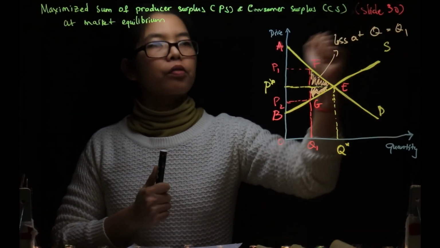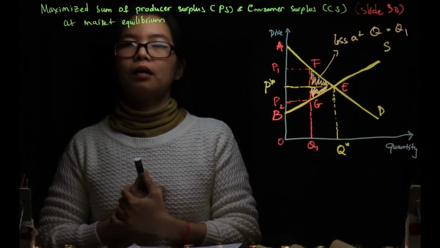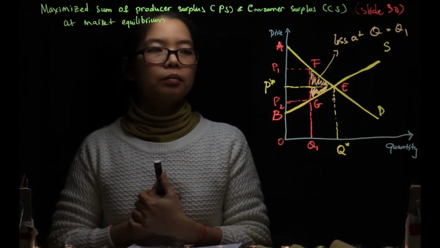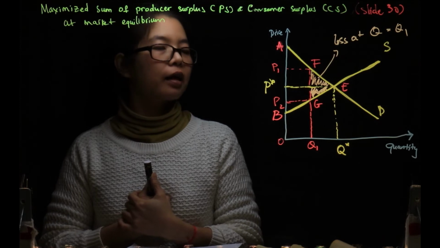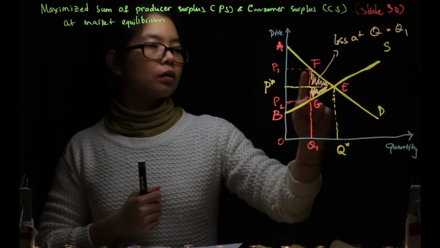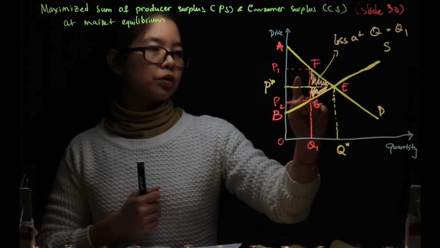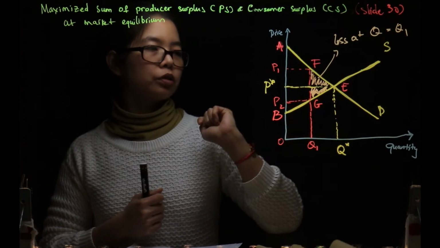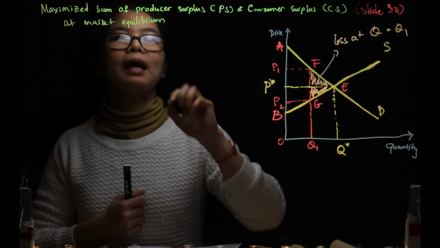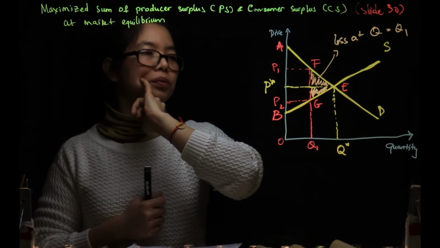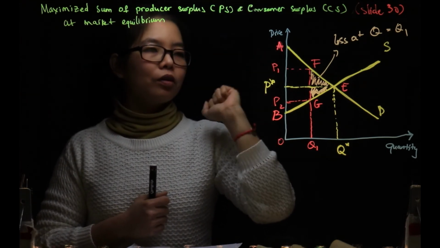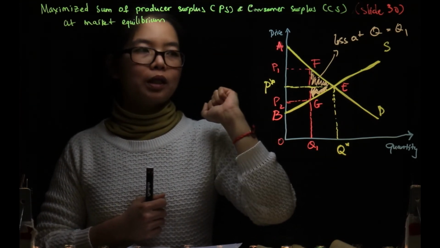On slide 30 of the material, it said that the sum of consumer surplus and producer surplus is maximized at the market equilibrium. Even when looking at the graph, we can already see that.